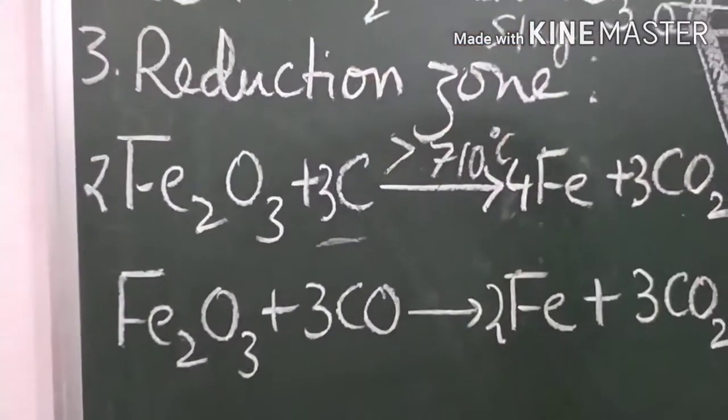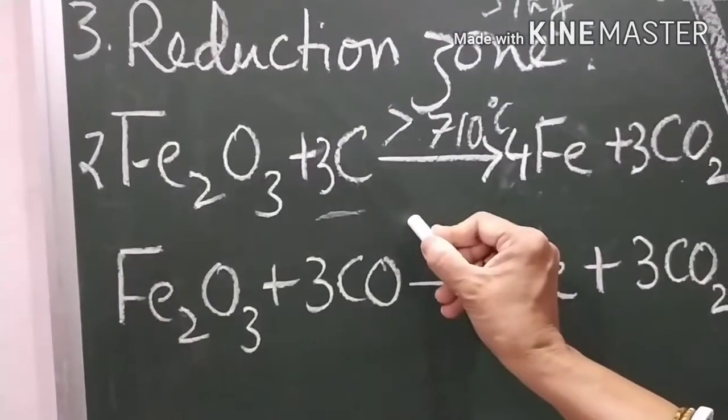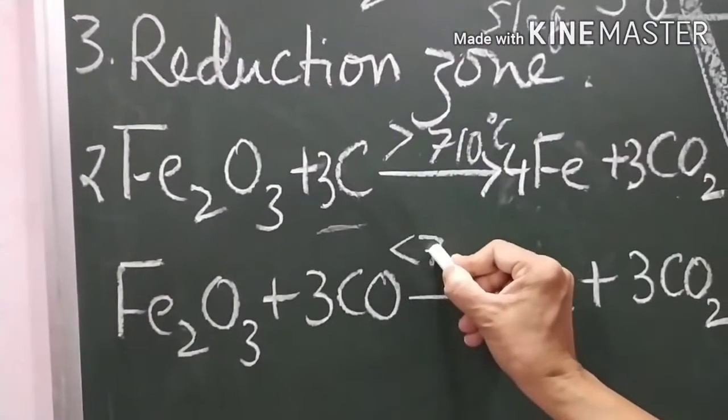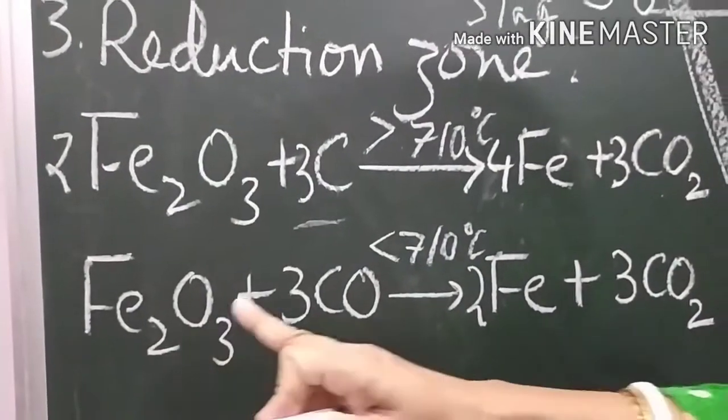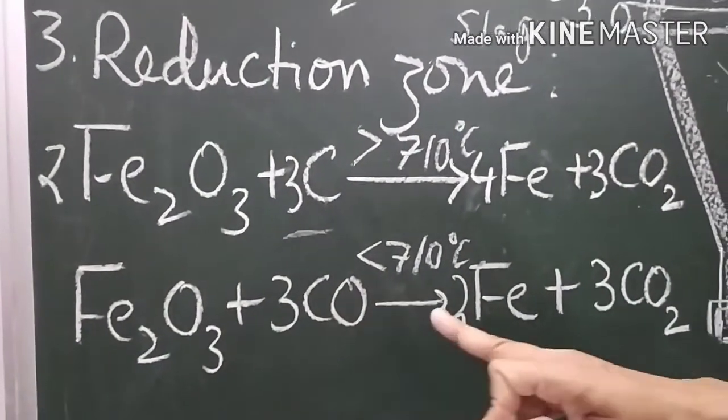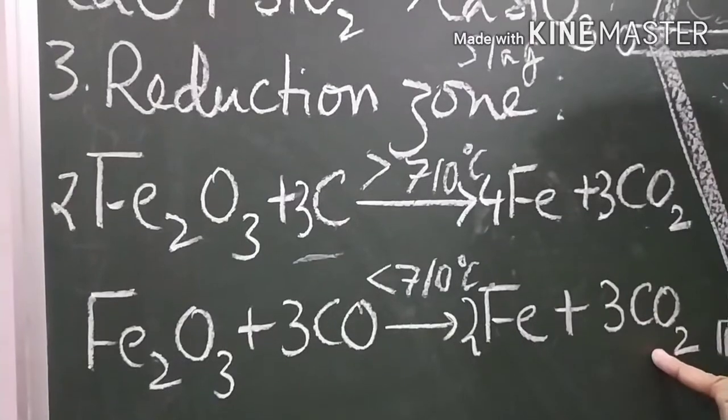Coke directly acts as reducing agent. But if the temperature is below 710 degree Celsius, then hematite combines with carbon monoxide to form iron and carbon dioxide.